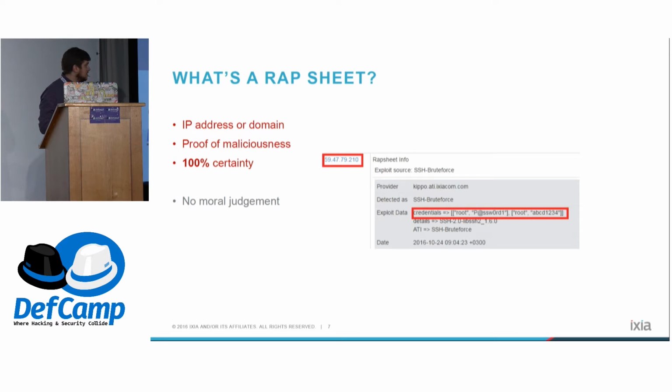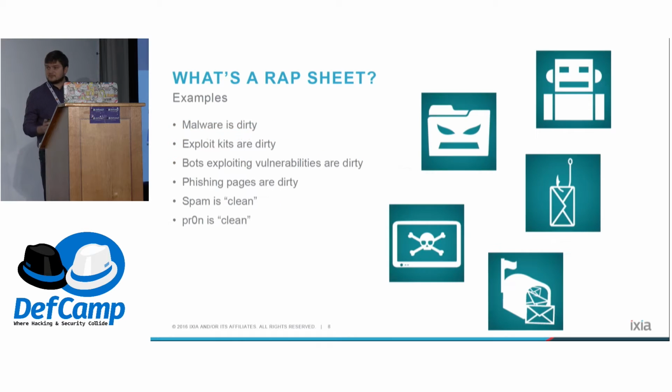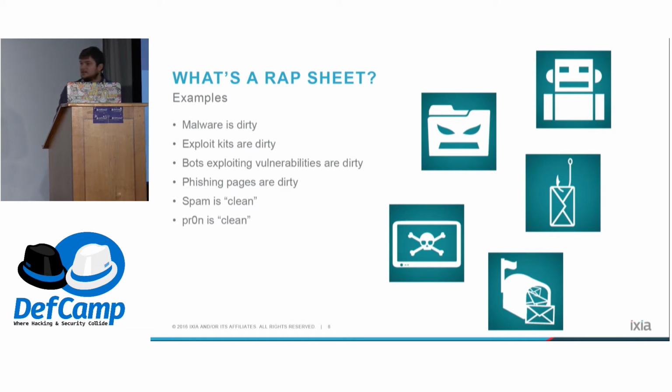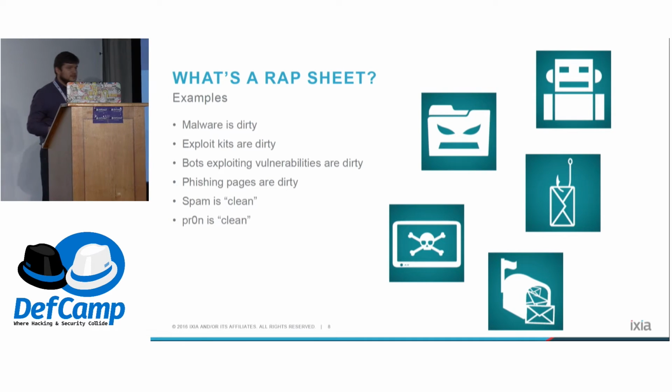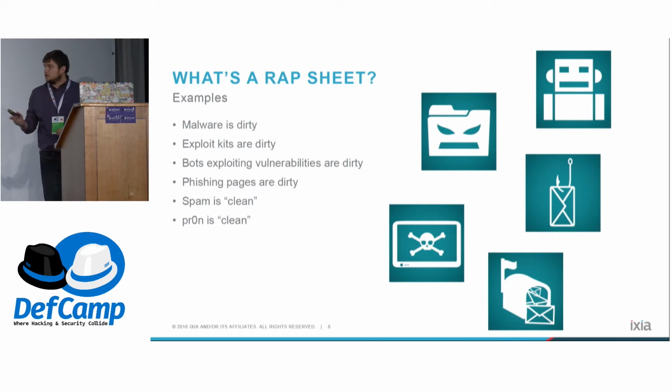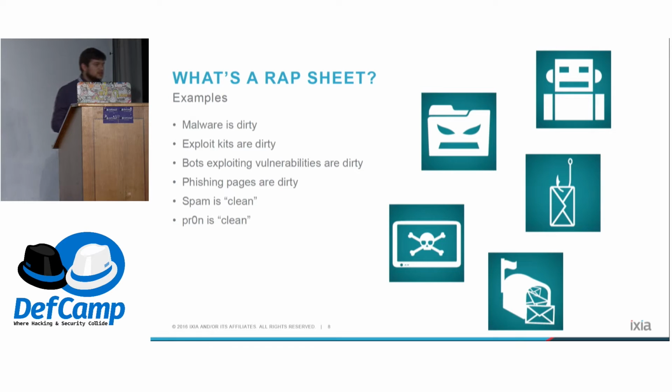One thing to understand: we're not doing any sort of moral judgment when talking about maliciousness. To exemplify, we consider malware, exploit kits, and bots exploiting vulnerabilities to be dirty, phishing is dirty, but spam and porn we'd consider to be clean. With porn, for example, it's clearly a matter of morality, whether you like it or not.